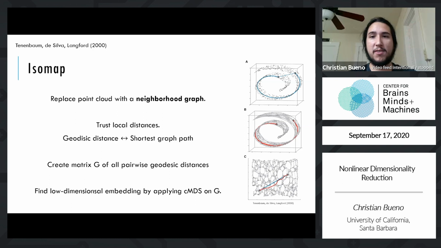introduced in 2000, is it says, first you build a neighborhood graph because we trust local distances. Manifolds, I forgot to mention this, but a manifold is basically a space where locally speaking, it looks Euclidean. And as we build this neighborhood graph, maybe connecting to our 5 nearest neighbors, we start getting a global picture, because then we can ask, okay, for any two points in this neighborhood graph, what is the shortest path between them?